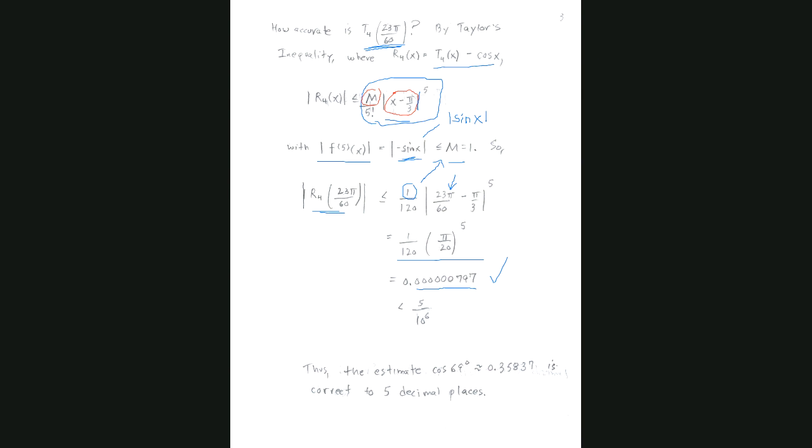So our estimate of the cosine of 69 degrees using the fourth degree Taylor polynomial, which was 0.3583686, our approximation should be therefore correct to 5 decimal places.